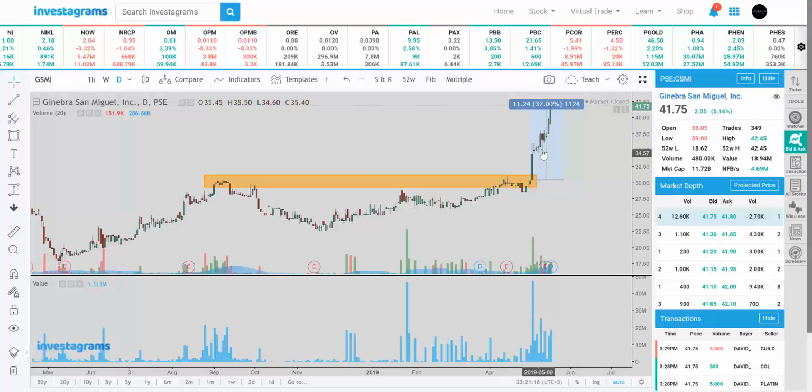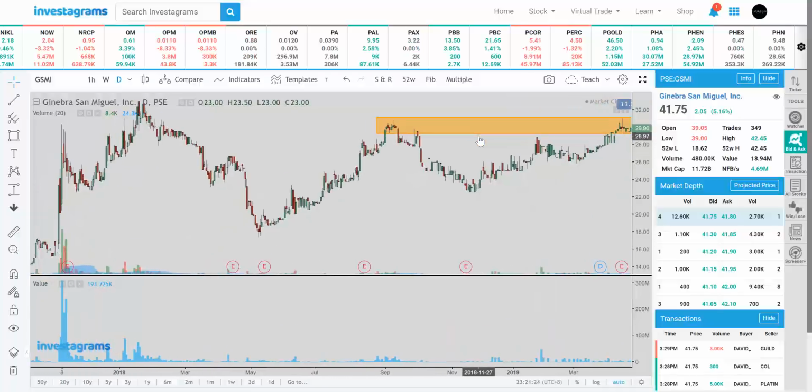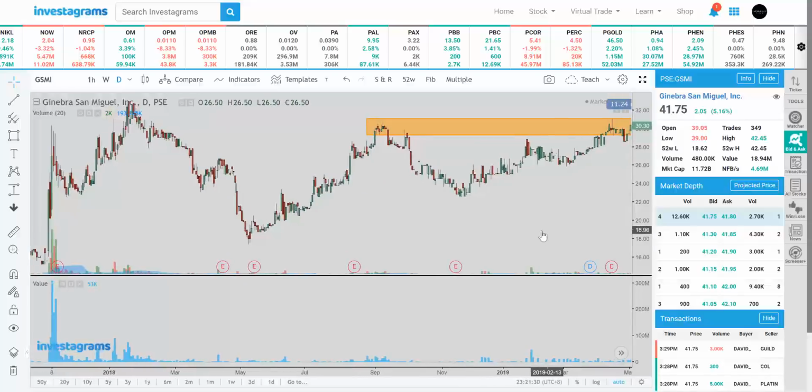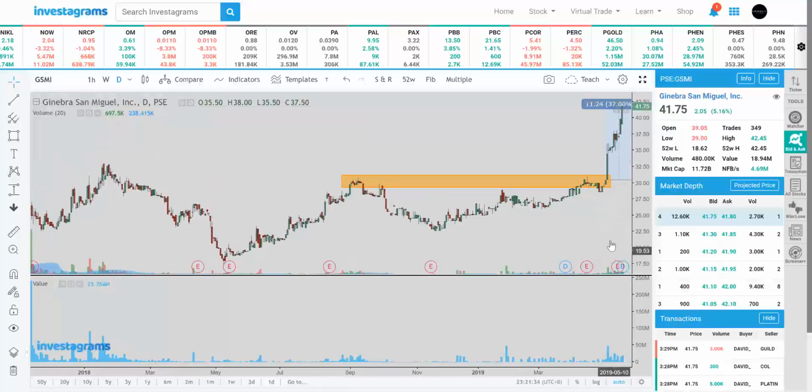All right, so it gives us additional confirmation for the price move. I think before this, GSMI wasn't even trading at 10 million in terms of average value. But once it had the interest of the market, you're going to see it entering above 10 million in average value.